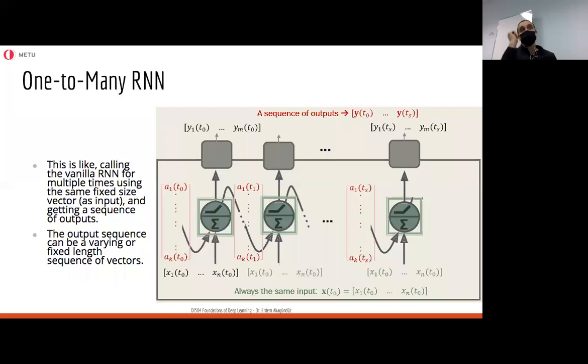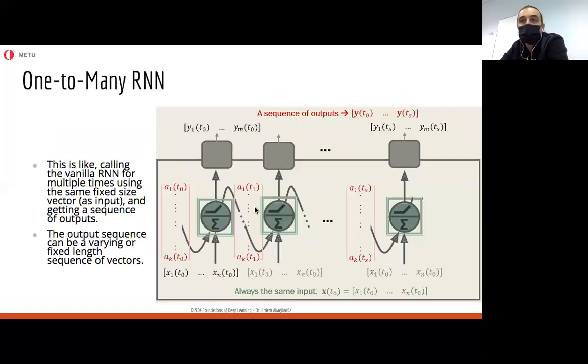So this was one-to-one. The other one is one-to-many. What is one-to-many? Well, remember the original unrolled-in-time representation. It was many inputs and many outputs. Just think about it for a time. I feed the same input to all steps. It would be like feeding the same thing all the time, and you're getting different outputs.